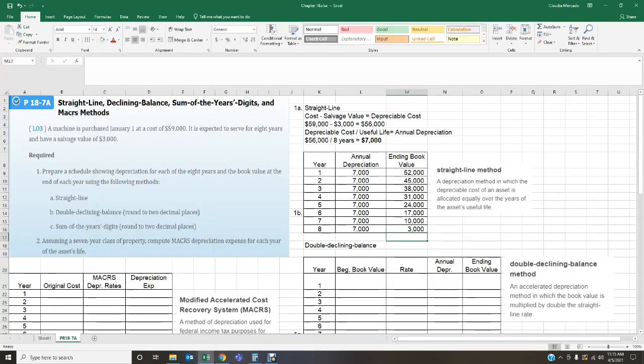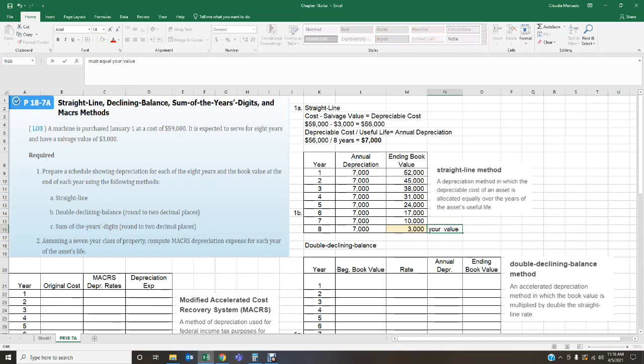Now this $3,000 must equal your residual value. Those $3,000 right there need to equal your residual value, or the salvage value, what they state here, is $3,000. Let me change this to salvage value so I don't confuse you.